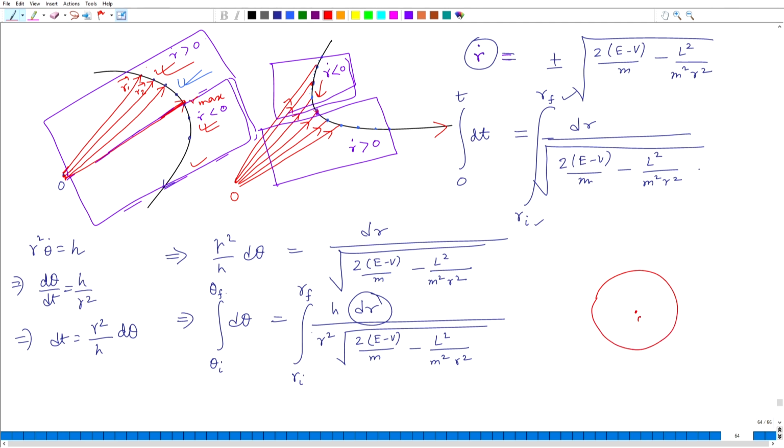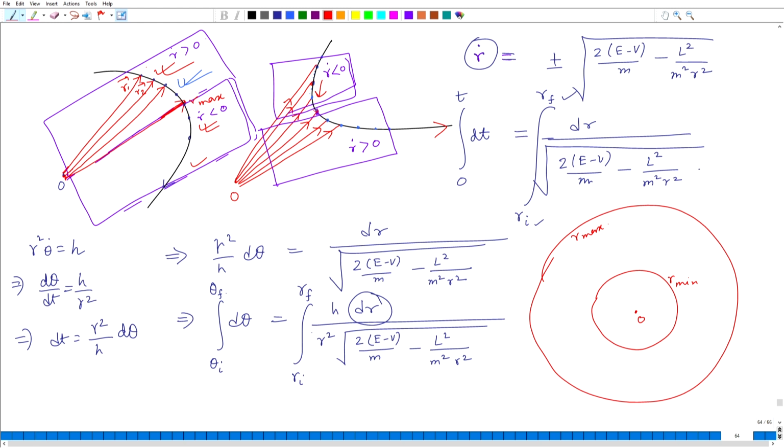this is the origin, I can draw two concentric circles, one is r min and another is r max.